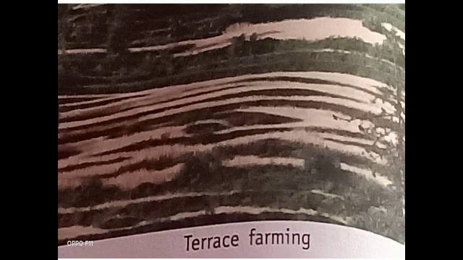Cutting the slope into steps or terraces can reduce soil erosion. Steps slow down the flow of water, and some soil from one step is left on the next step, reducing the amount of soil lost. Terrace or step farming.